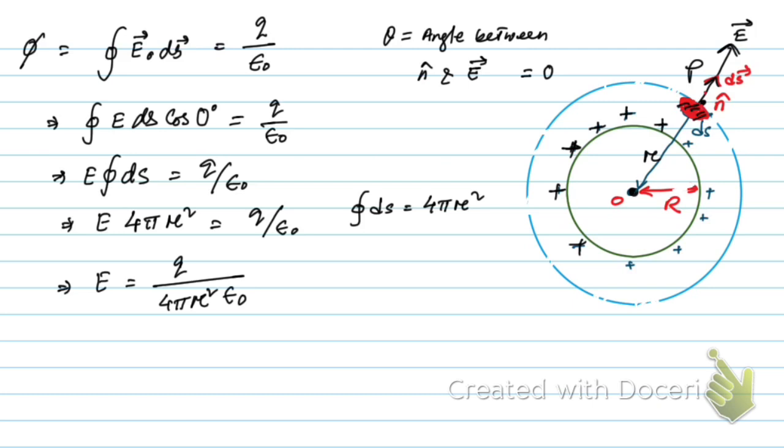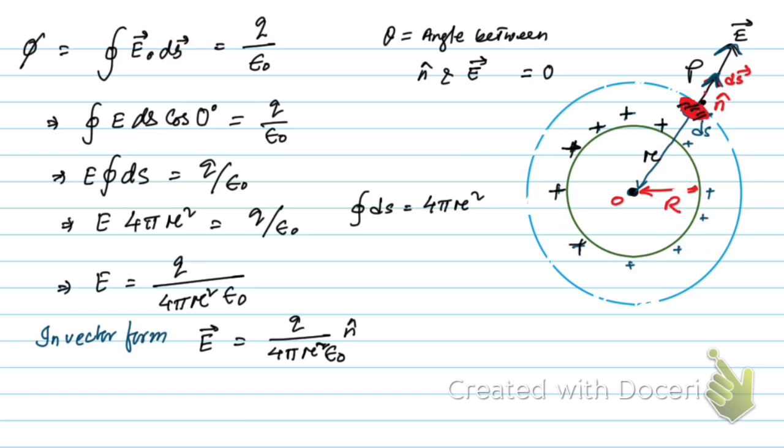So what are you going to get in vector form? We know the direction of this electric field. Here you can see that it is in this direction, along n cap. So we can write the vector form this way: q by 4 pi r square epsilon naught n cap.